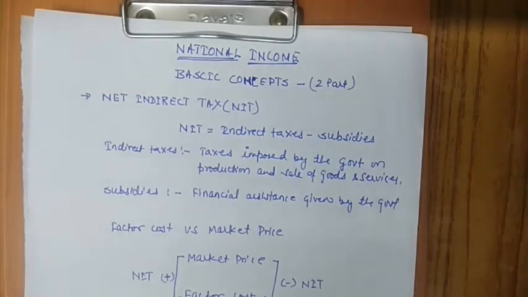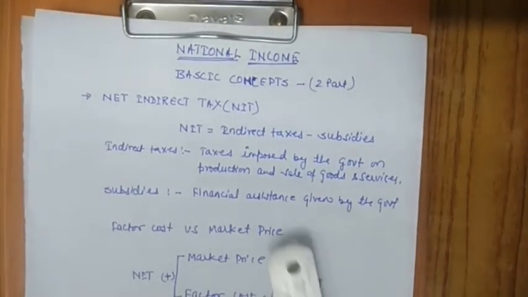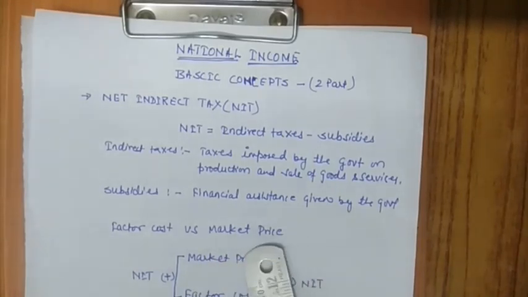Next is market price. Market price refers to the price at which a product is actually sold in the market. It includes the indirect taxes and excludes the subsidies. So the difference between the market price and factor cost is net indirect taxes.